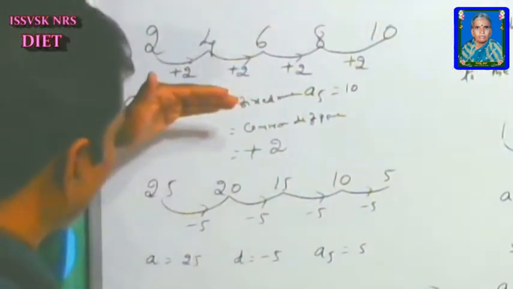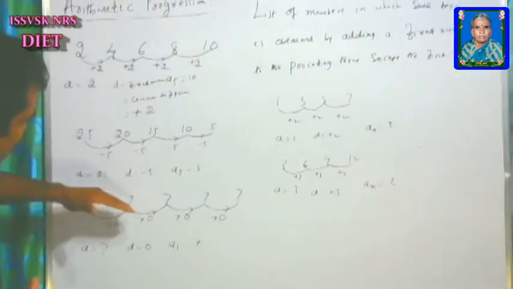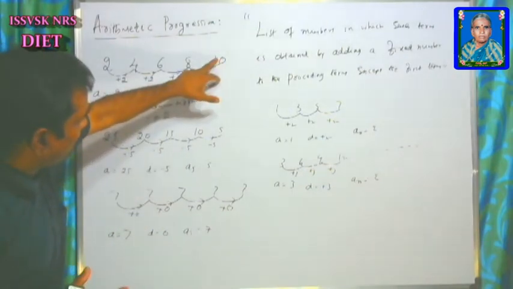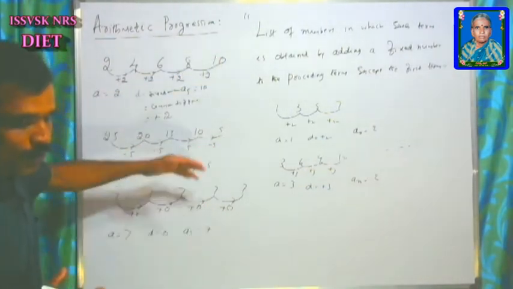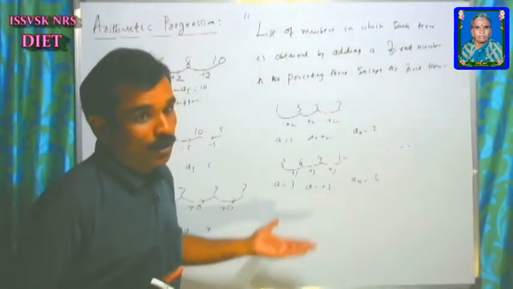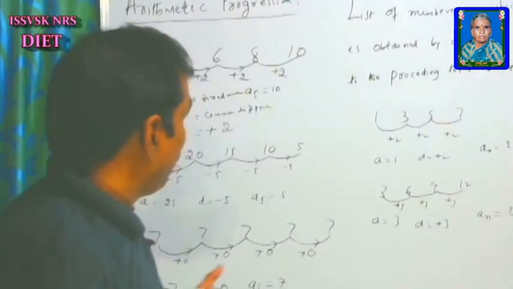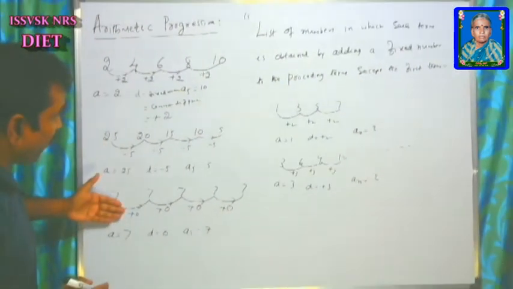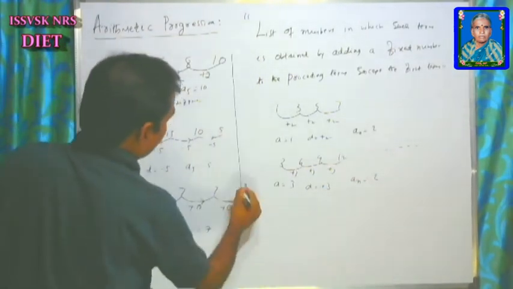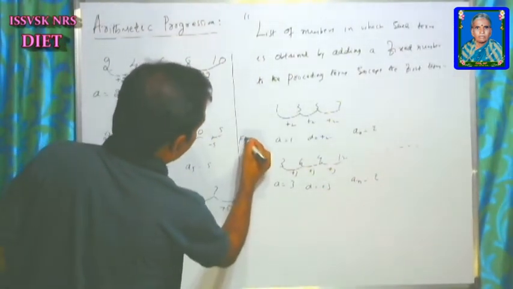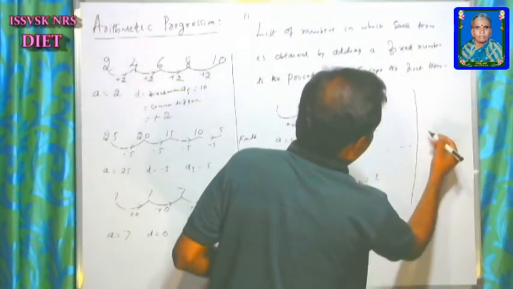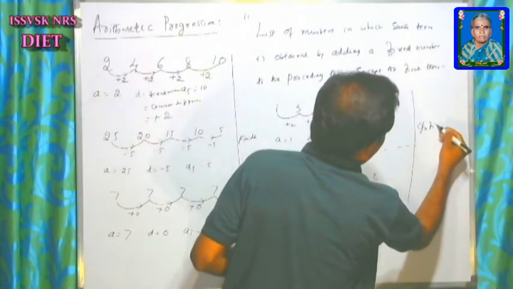Here observe, in the first three cases the last terms are there, but here they do not have a last term. Therefore, these arithmetic progressions can be called finite arithmetic progressions, and these can be called infinite arithmetic progressions.